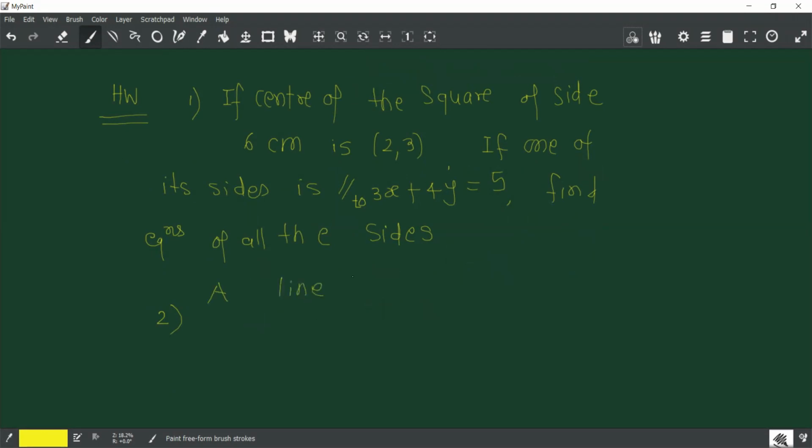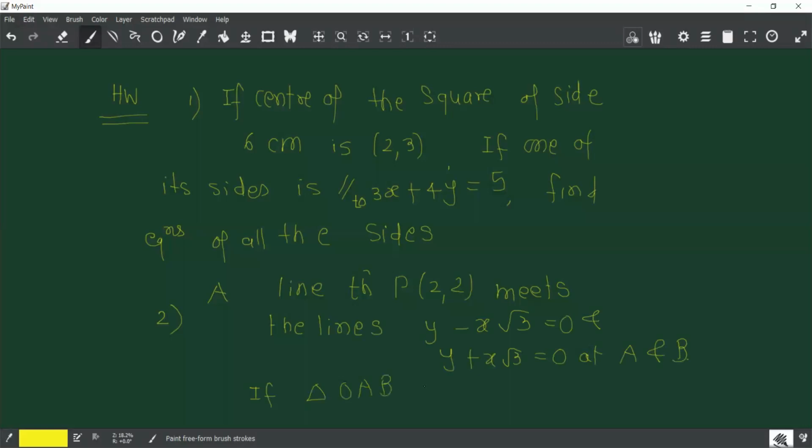A line through the point P (2, 2) meets the lines y minus x root 3 is equal to 0 and y plus x root 3 is equal to 0 at A and B. If triangle OAB is equilateral, find the equation of side AB.